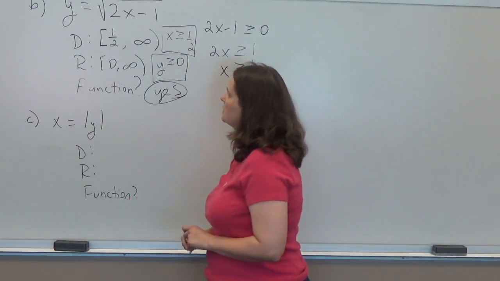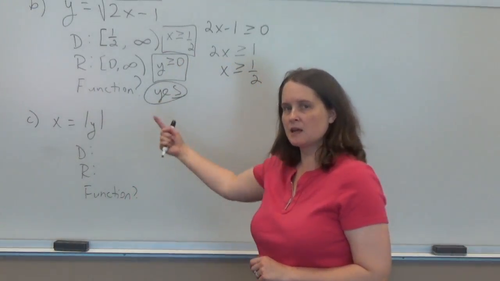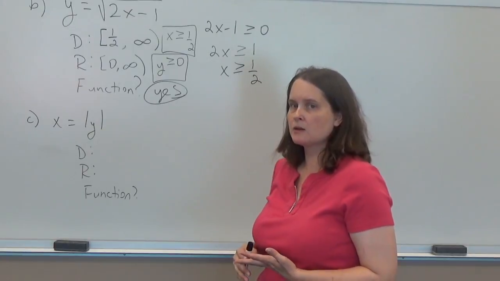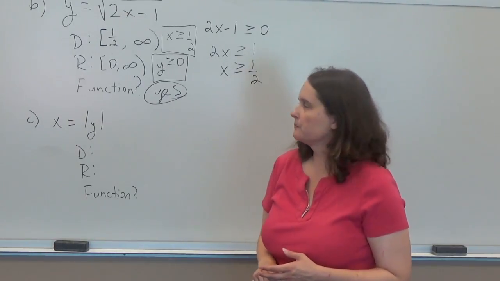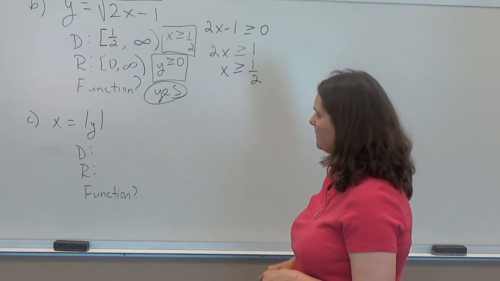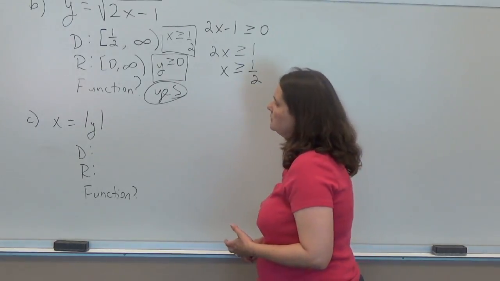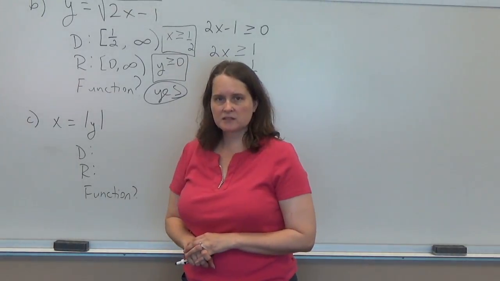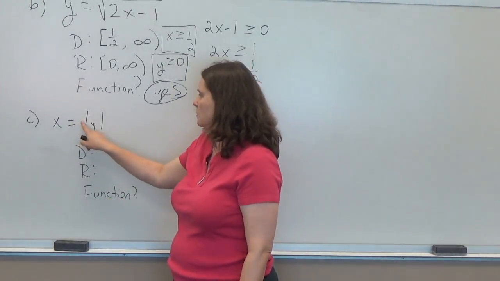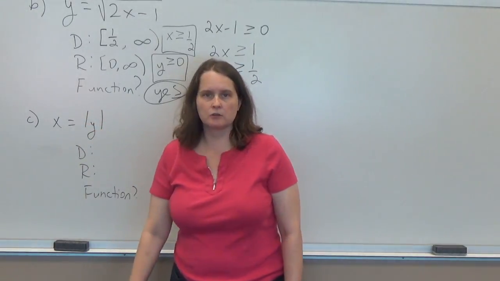Because every x that I put in that's inside my domain will always give me exactly one y value back for my answer. What about part C? What is the domain? The domain is the set of all x values. So we have x is equal to an absolute value.